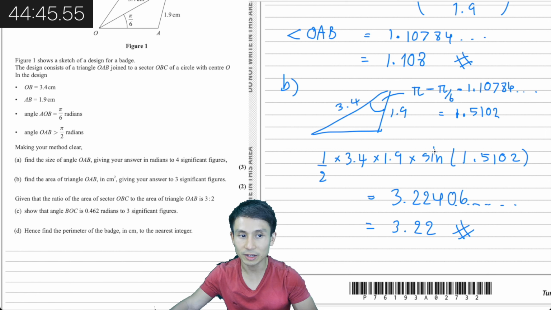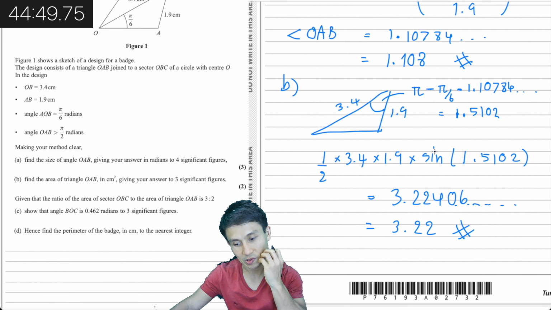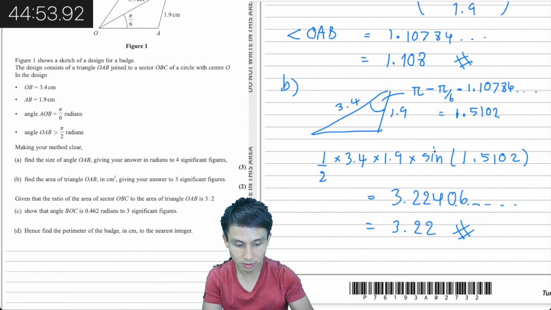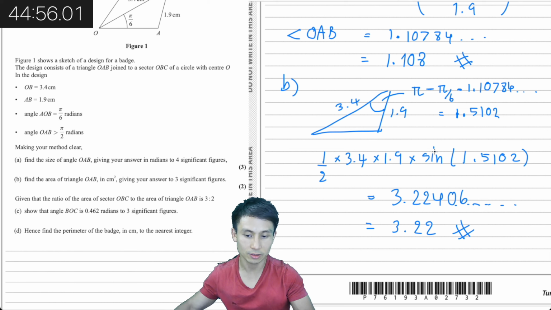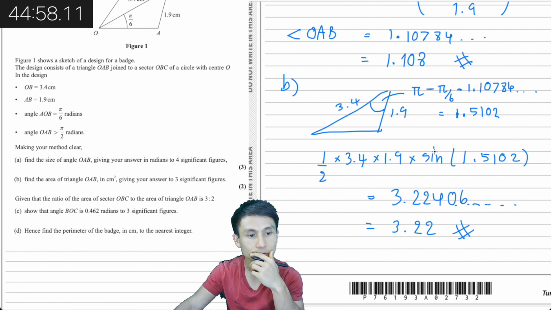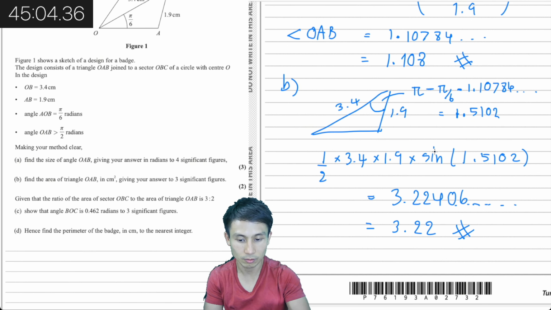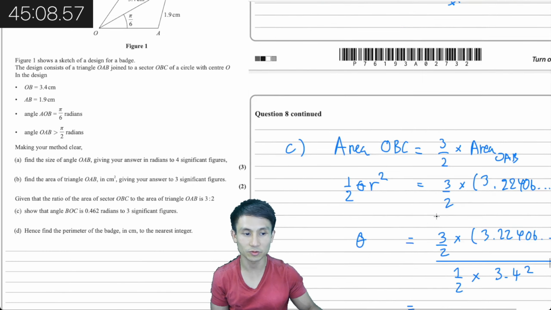Yeah, that should be fine. Half AB sine theta. Wait. Yeah, that's right. Yeah, this is still 3.22.